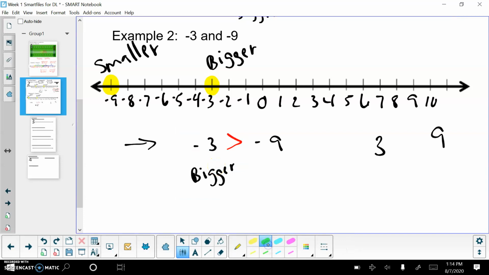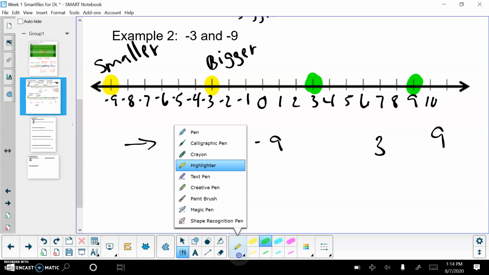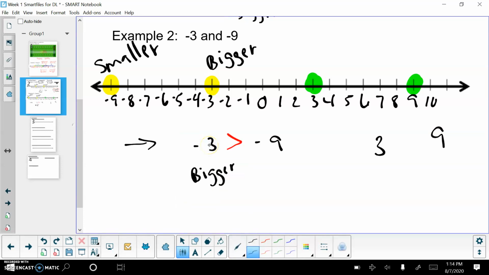So I'm going to use a different highlighter. Here's my positive 3. Here's my positive 9. If I look at those, and once again, I'm going to go to my problem, and I'm going to notice that the 3 is mentioned first. Well, now the 3 is not on the right side, it's on the left. My 9 is to the farthest right, so my 3 is smaller.